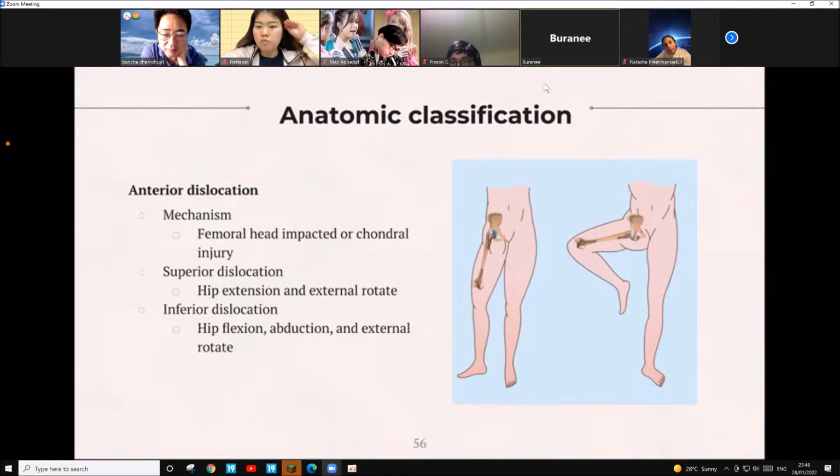Why big bike? Because of the posture when the driver is riding. Right, on a big bike there is no adduction, right? They need to abduct. So when they hit something, you hit on the medial side of the knee joint. It's not from the front, right? On the medial side. So the hip will be abducted and externally rotated. Every anterior dislocation I saw in my life is from a big bike. Okay. Next.